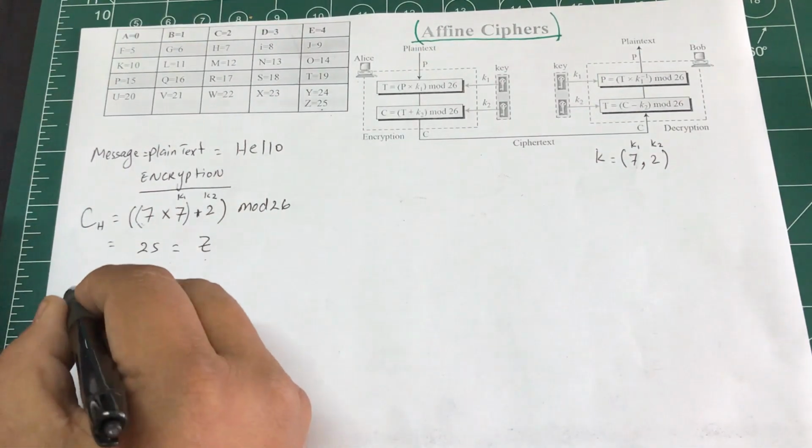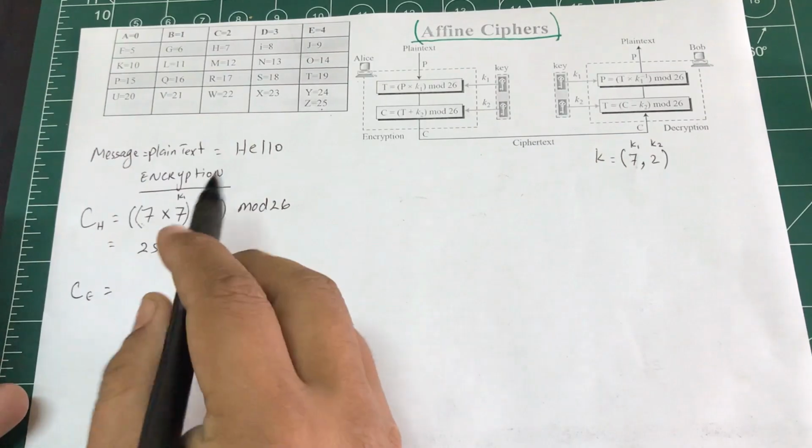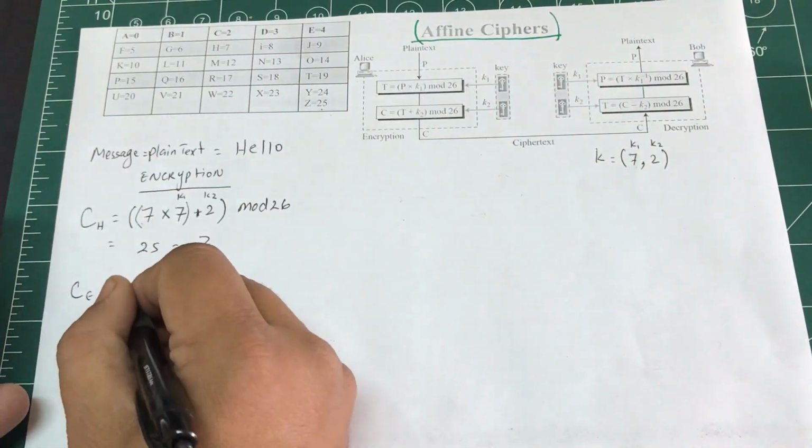So I'm going to do the same thing real quick for E as well. E has a codebook value of 4.